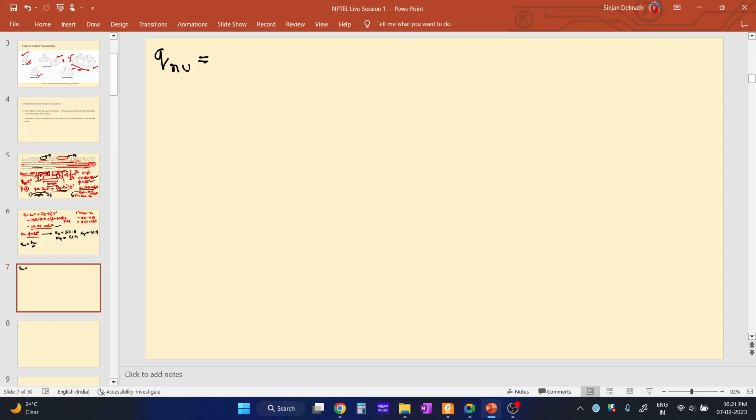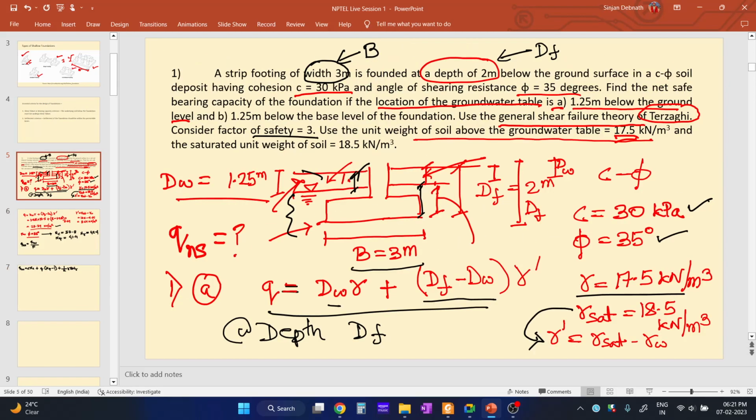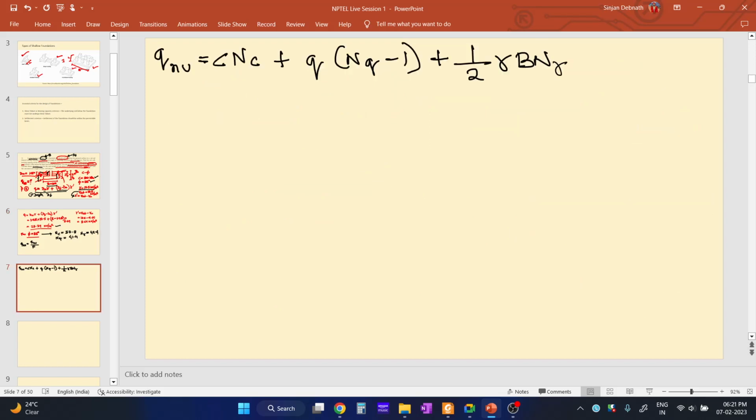What is the formula? qnu equals c Nc plus q into Nq minus 1 plus half gamma B N gamma. This is a strip footing, so there will be no shape factor; the shape factor is 1.